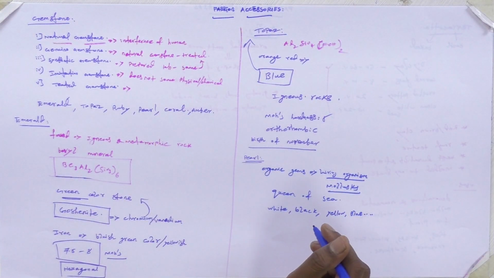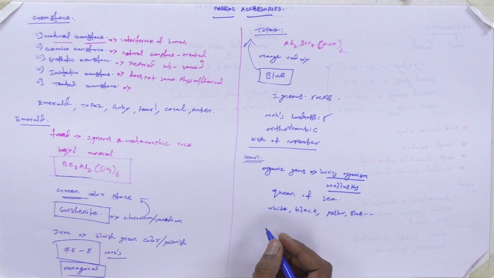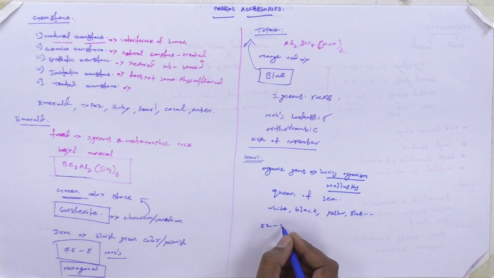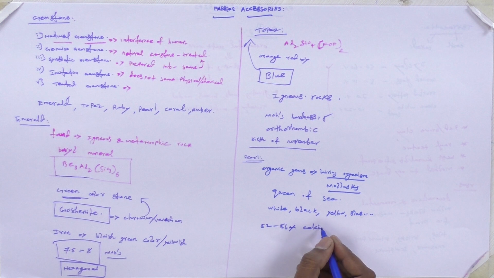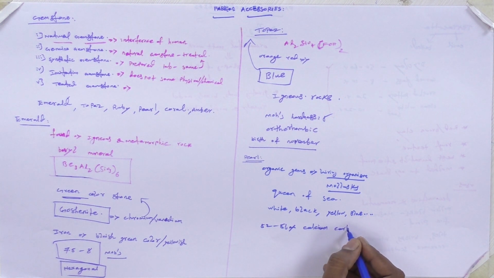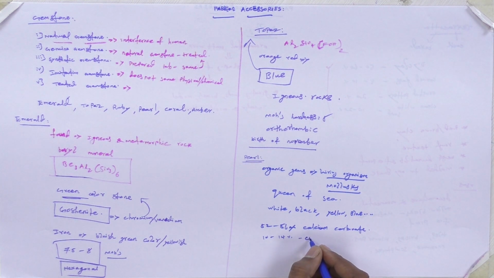What is the composition? Pearl is a calcium carbonate composition. It contains 80 to 86% calcium carbonate, 10 to 14% conchiolin, and 2% water.